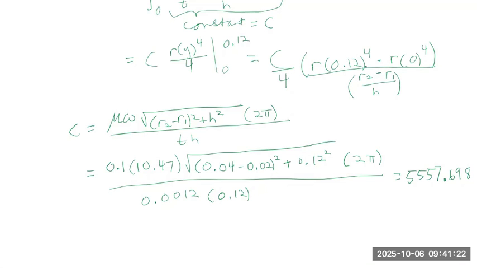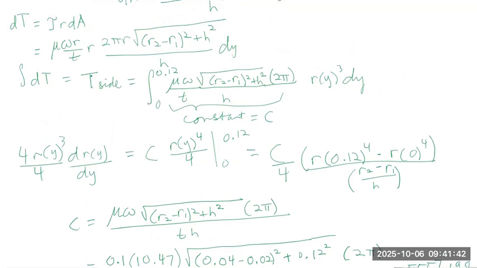So when you integrate this, since R is in terms of Y, if we differentiate it again, we will see that we will get 4R over 4 to the power of 3, but we still have dR with respect to dy.